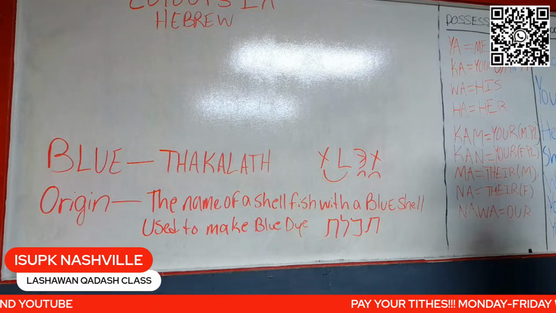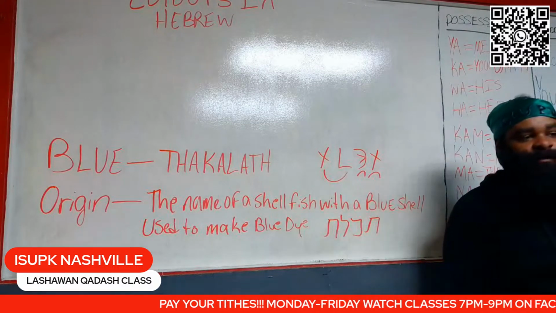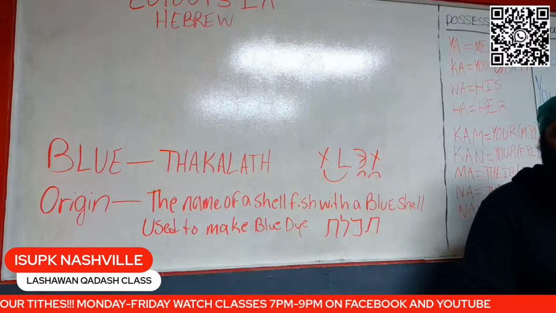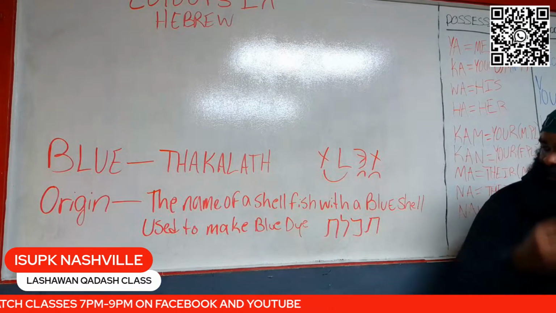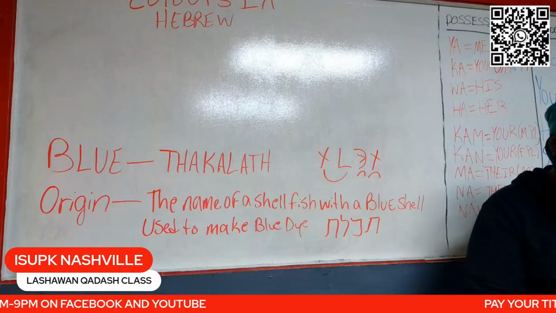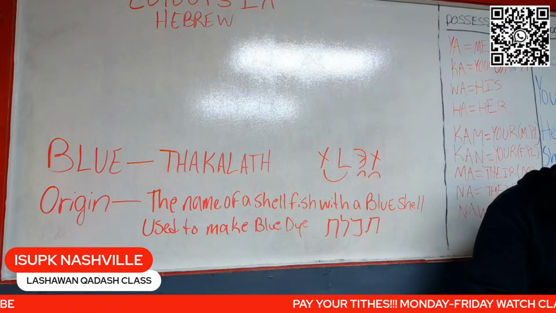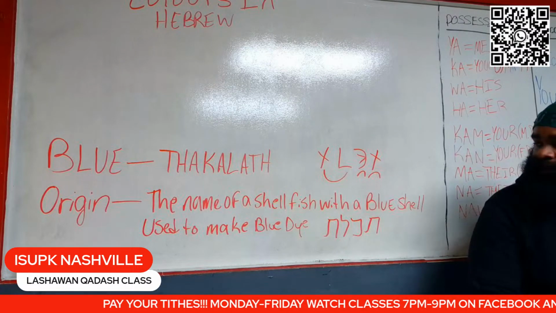Now, I know it doesn't make sense. It's like English. English has a lot of stuff that doesn't make sense. And that's kind of what Assyrian is. Even though we can read it and understand it, it has the same sound and pronunciation as the Lashawan Kodash does.